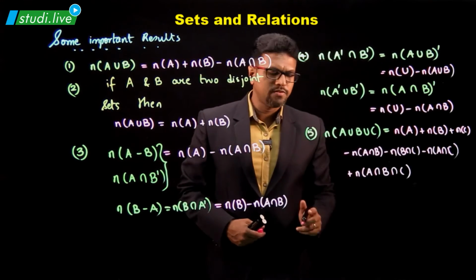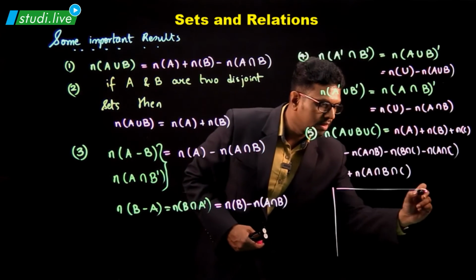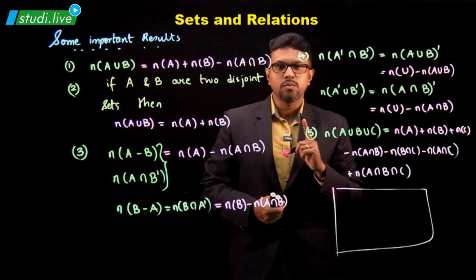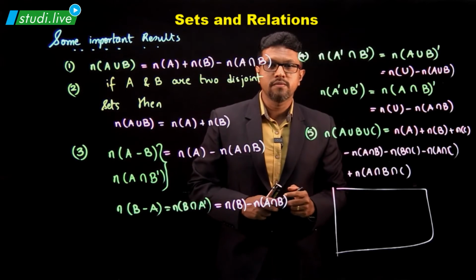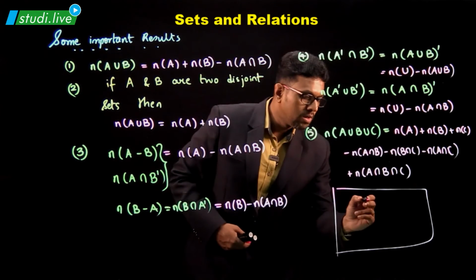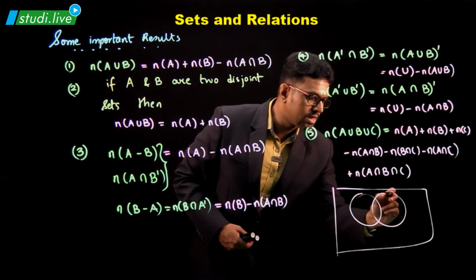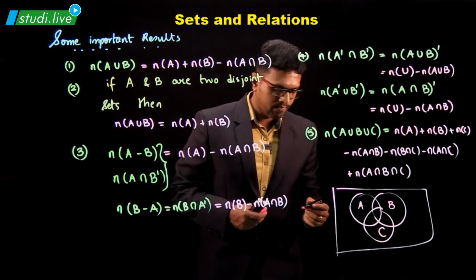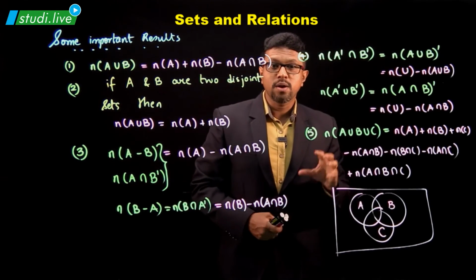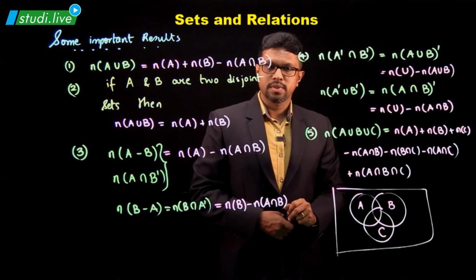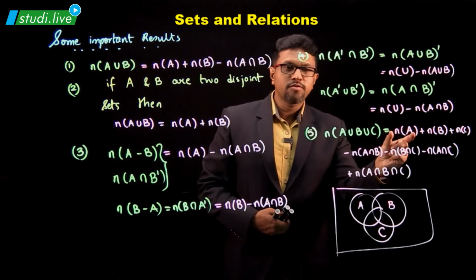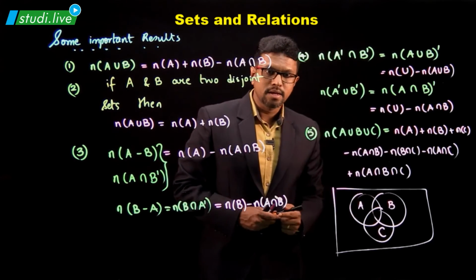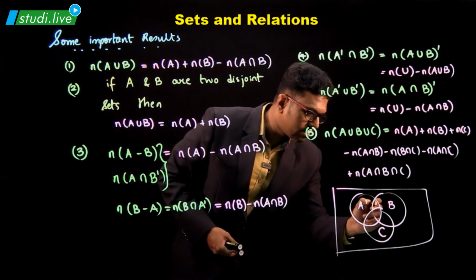I'll just give a quick justification of this formula. Remember that we always count the values exactly one time. We do not repeat the values. Suppose we have sets A, B and C, and we want to find n of A union B union C. As soon as I write n of A, I am counting all of set A, this part and this part.